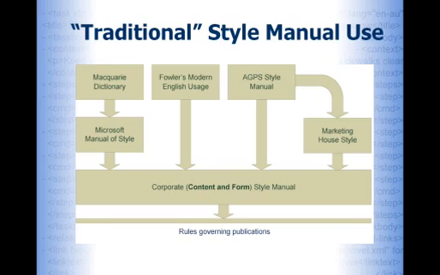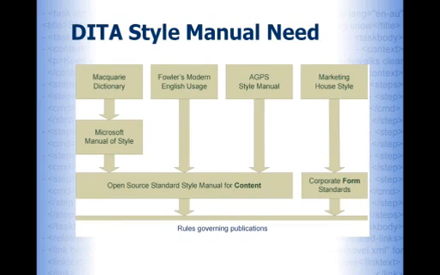And I'm suggesting in the DITA environment, it's the same sort of thing, except that we have slightly different influences. We still have things such as Macquarie and Microsoft Manual of Style, etc. And we probably still use some of the information out of traditional style guides, even though we're using less out of them.